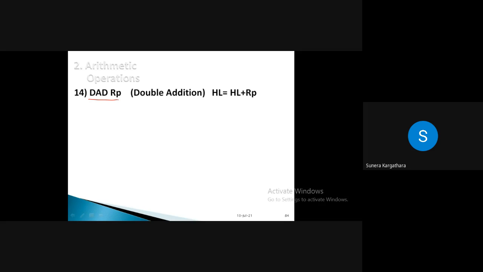Make it fast, student. How will DAD work? It is double addition. Whenever you want to add 16-bit data, at that time, instead of ADD, you can use DAD.